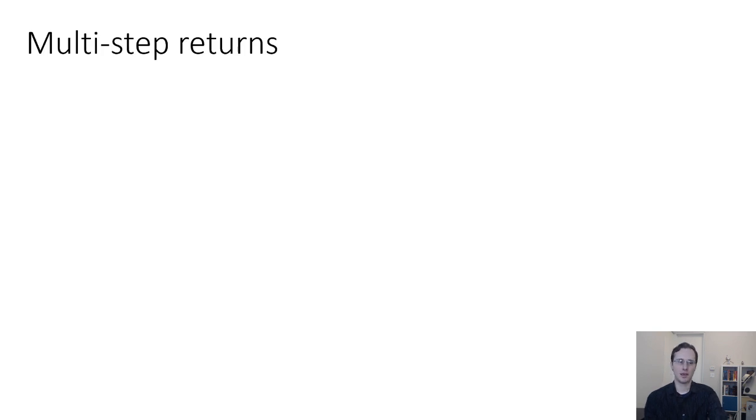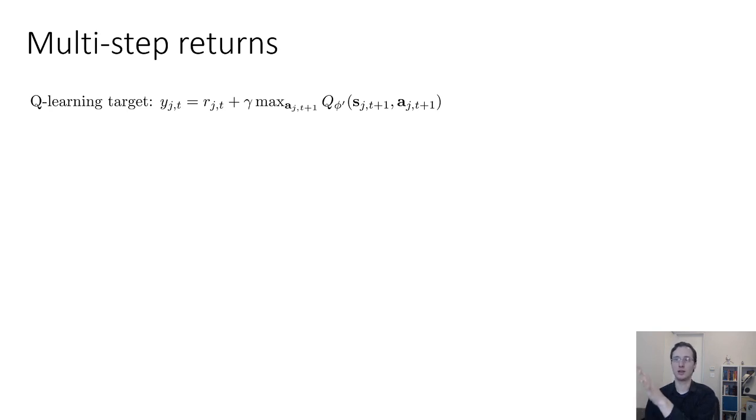All right. There's another trick that I should mention that we can use to improve Q-learning algorithms, and it's similar to something that we saw in the actor-critic lecture, and that's the use of multi-step returns. So our Q-learning target is, and here I intentionally am writing it out with time steps, r at t plus the max at t plus 1. And where does the signal in this learning process come from?